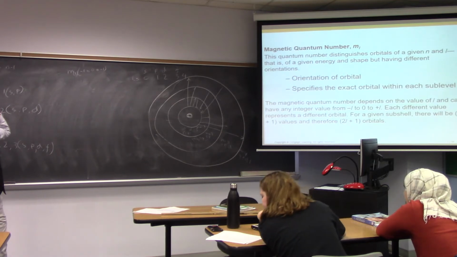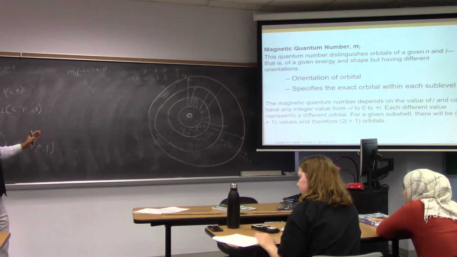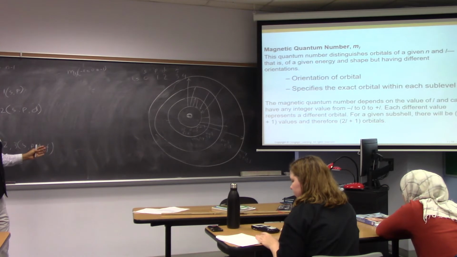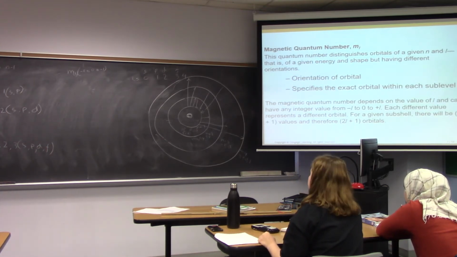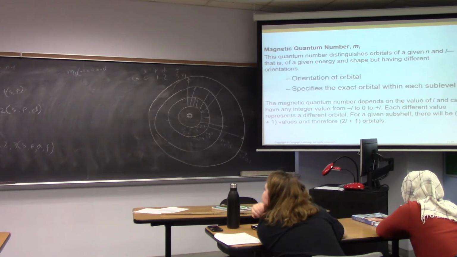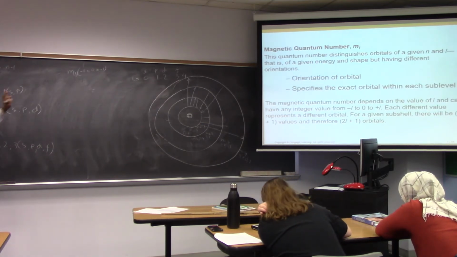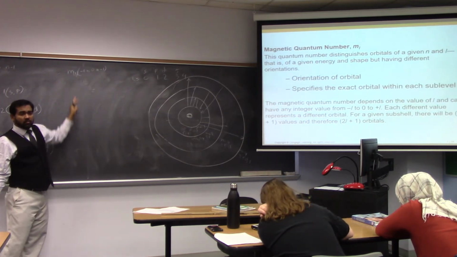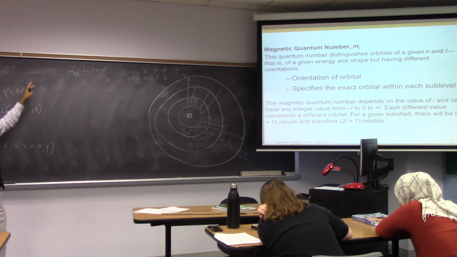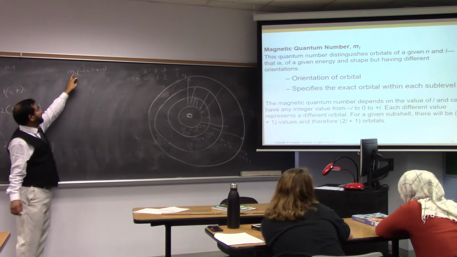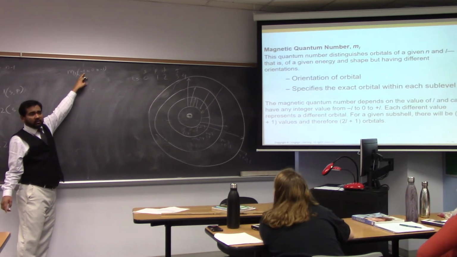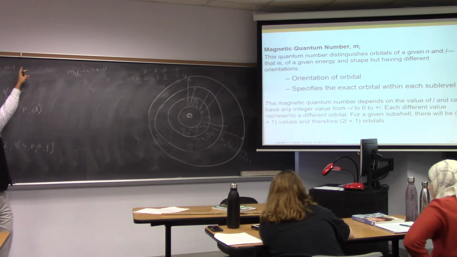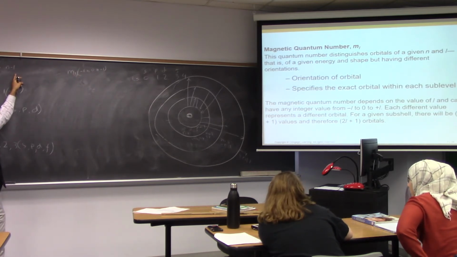Not all the way, just negative L to positive L. The angular quantum number is dictated by the principal quantum number, and the magnetic quantum number is dictated by the angular quantum number, because the value of ml depends on the lowercase l, which means the angular quantum number.